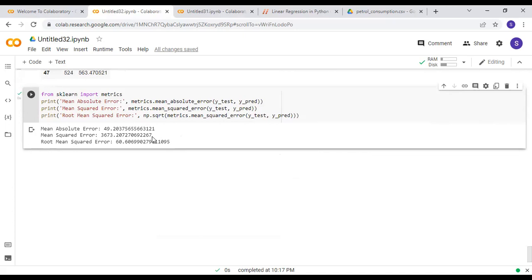Next day, on Friday, we will go to logistic regression. Shiny Vishal, any problem?